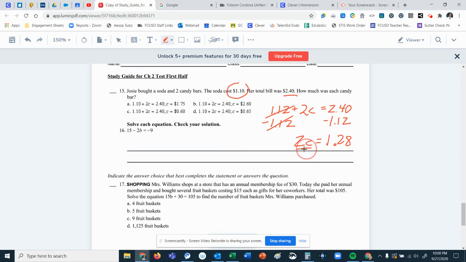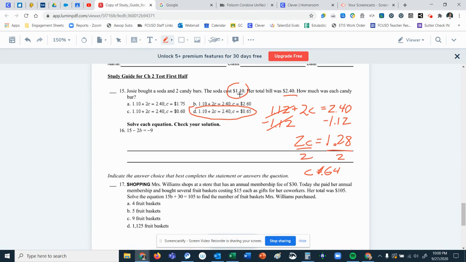All right, so then I divide that by 2. And I get a candy bar equals 64 cents. However, that's not an answer choice. It looks like 65 cents, so I'm going to go with that answer as the closest answer there, even though it's not 100% perfect.